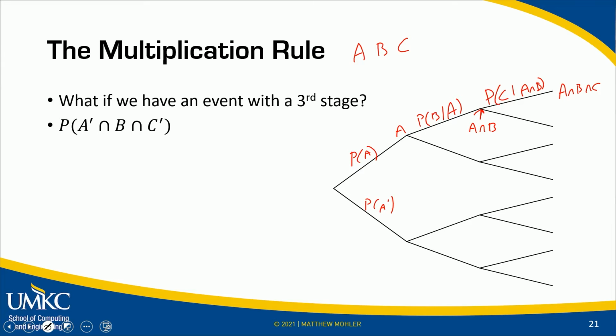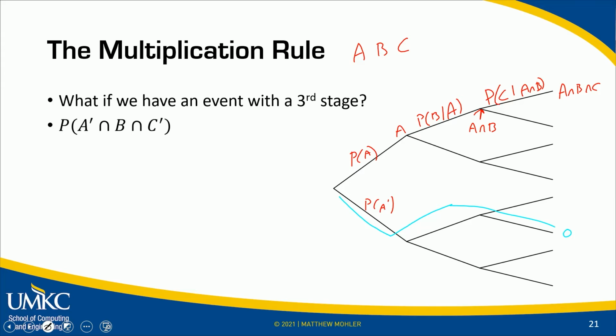If we trace that out from a path perspective, we're going to go down our lower branch, and then we're going to take the B, and then we're going to go down C complement. So we're following that general order down our tree to land at this node here, this leaf. If we wanted to turn this into a mathematical expression, what we would need to do is first say, what is the probability here?